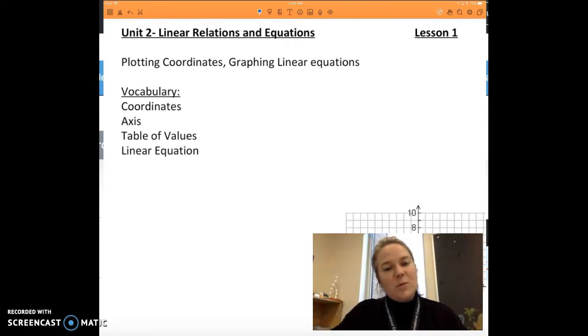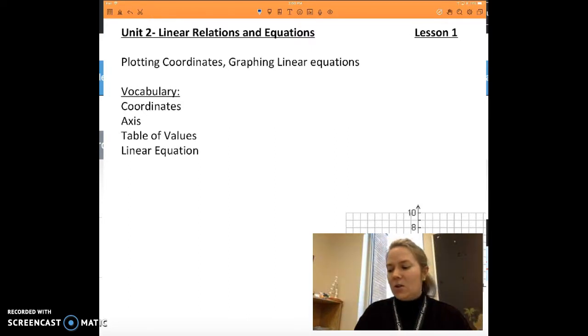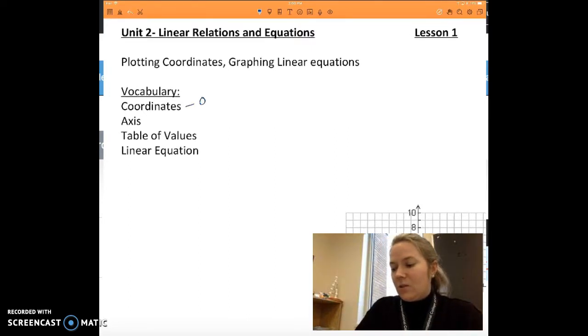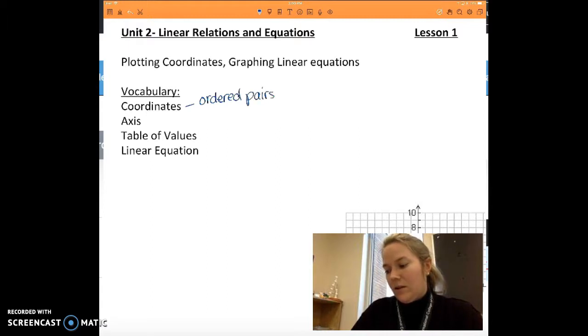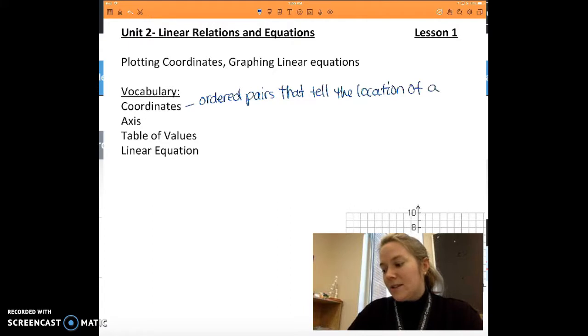So the very first thing we're going to do to introduce this unit is we're going to just refresh our abilities to plot coordinates and graph straight lines. Okay, so coordinates are ordered pairs that tell the location of a point on a coordinate grid.